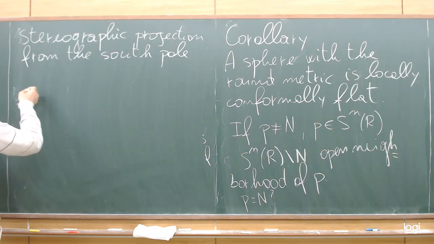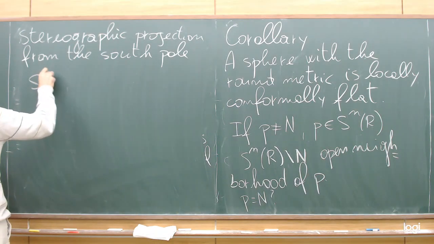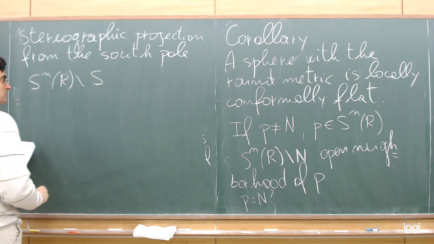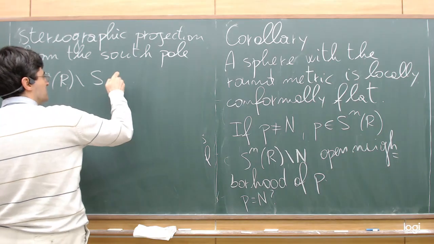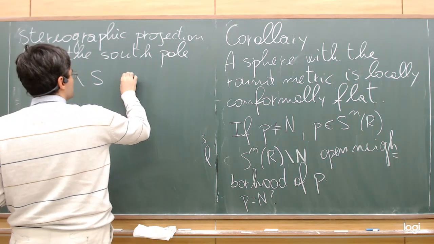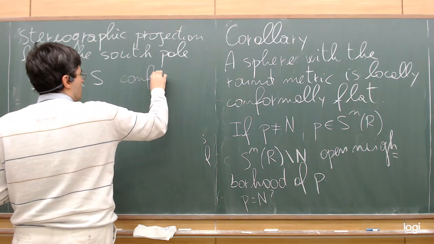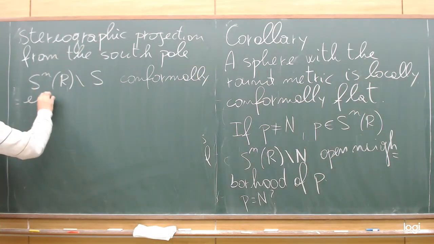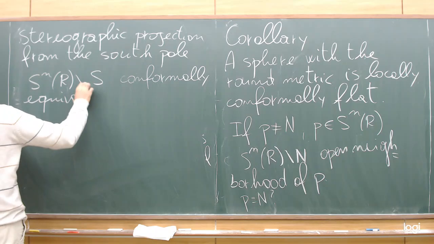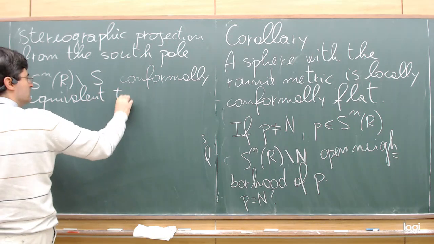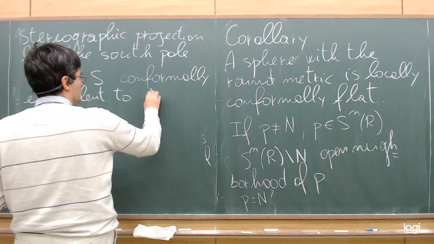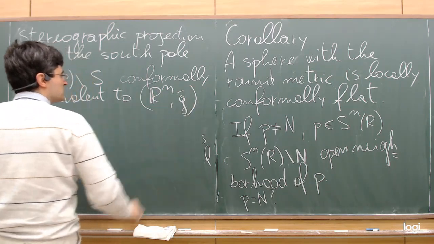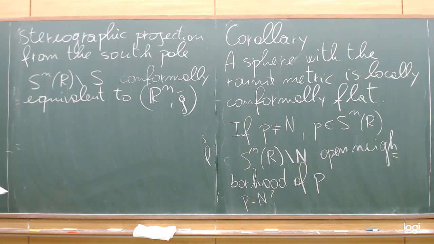And in this case, you could prove that S^n(R) minus the South Pole S is conformally equivalent to (Rn, g bar). And it is done.